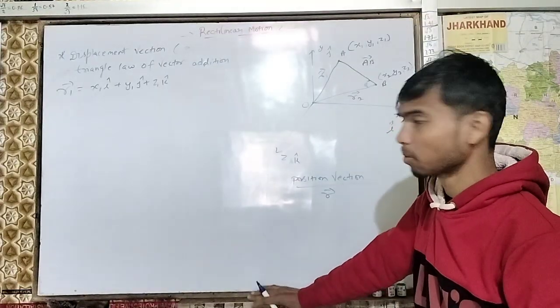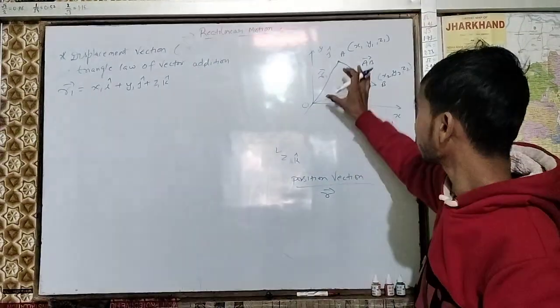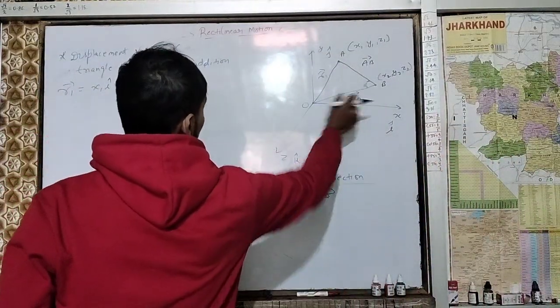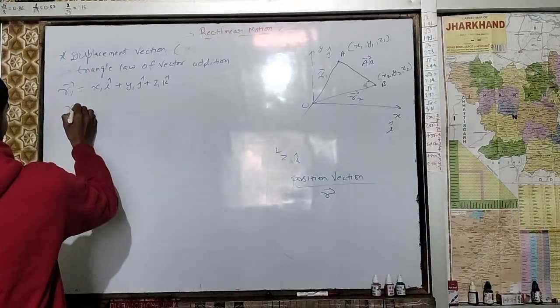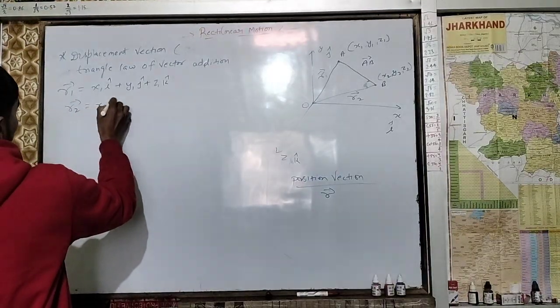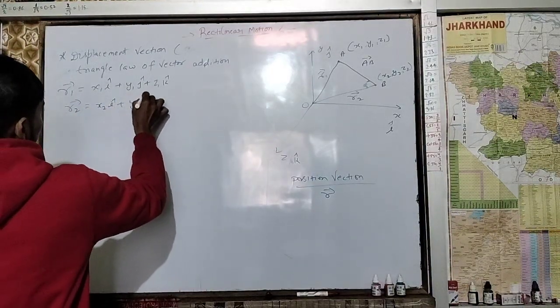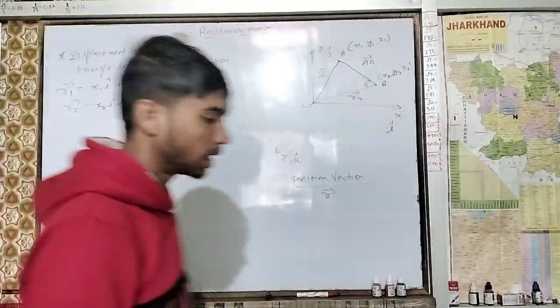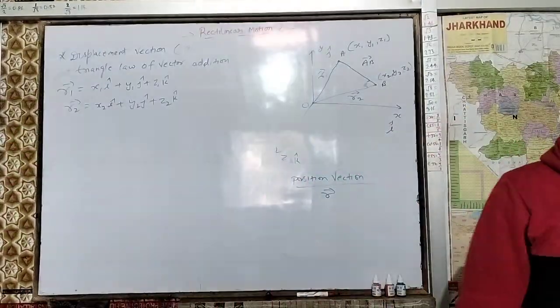We just wrote a position vector R1. Same we will write for R2. R2 will be x2 i cap plus y2 j cap plus z2 k cap. That is how we write a position vector.